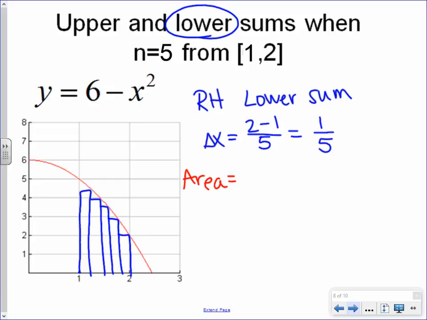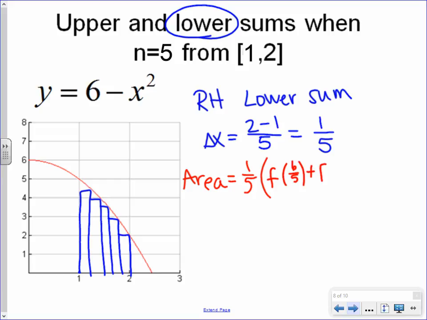We know that each of these widths is 1/5, so I'm going to factor out the width so I don't have to write it 5 times. That first rectangle has height f of 6/5.